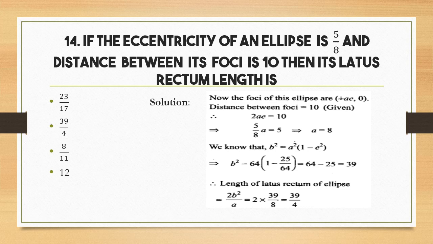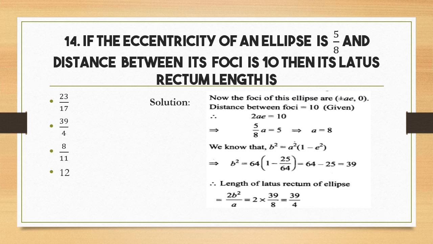Now they have not told what kind of ellipse it is, whether a is greater than b or a is less than b. If they have not mentioned it, it is better you consider x squared by a squared plus y squared by b squared equal to 1 where a is greater than b. Now we all know that the foci are given by (ae, 0) and (minus ae, 0). So what they have given is the distance between the foci.